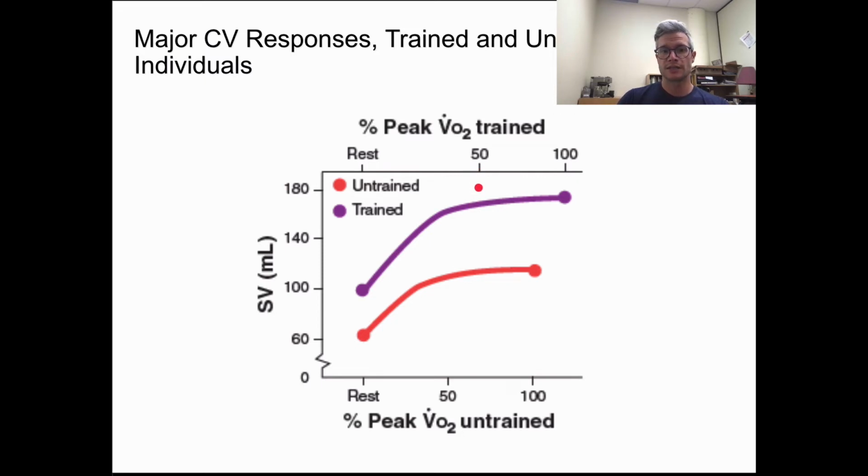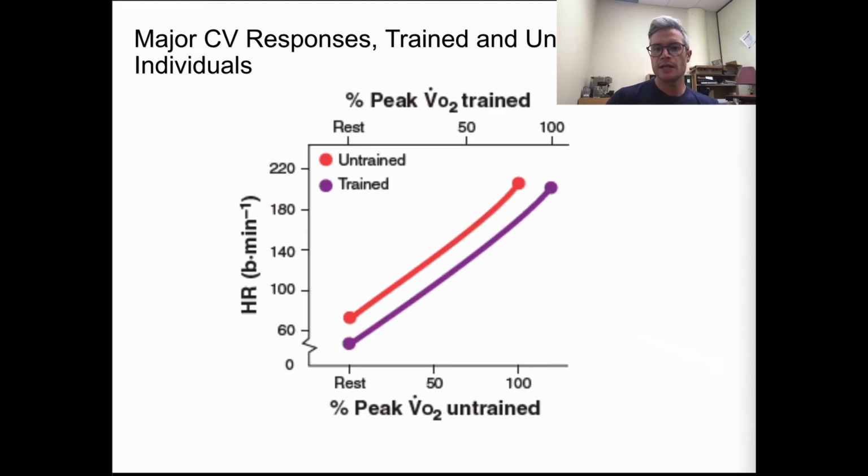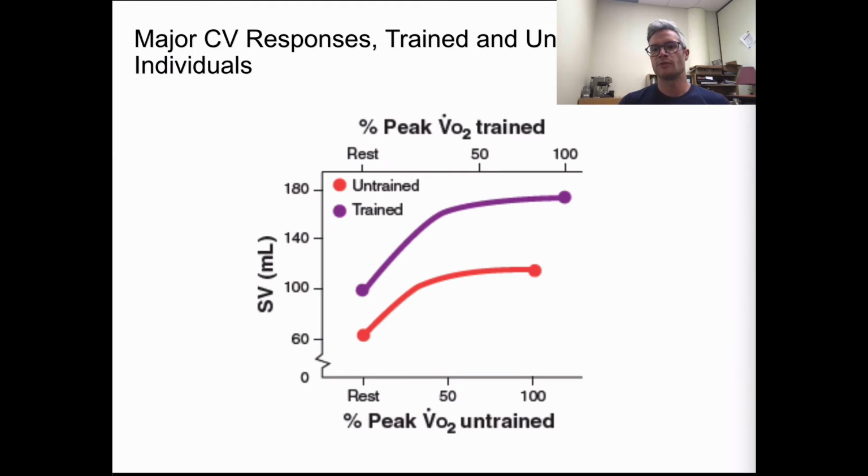So this is their 50% mark here, and this is the 50% mark of the untrained individual, hitting a much lower stroke volume per beat. That's every beat in milliliters, how much blood is being pumped by the heart. Quite a significant difference. Not so much with heart rate, but definitely a big difference with stroke volume.